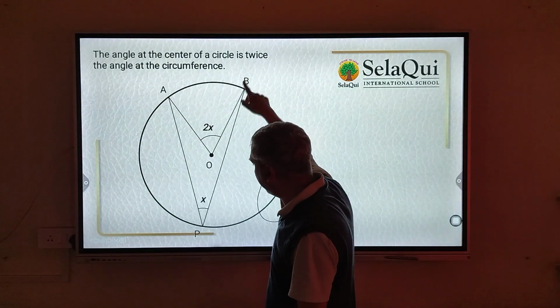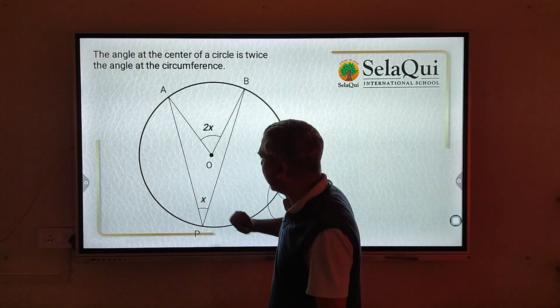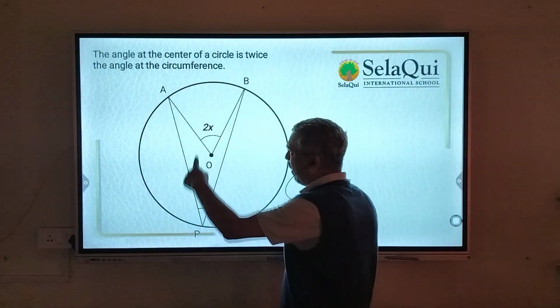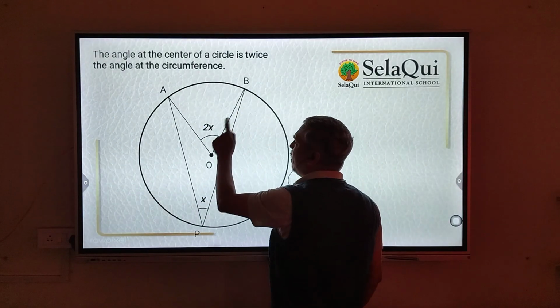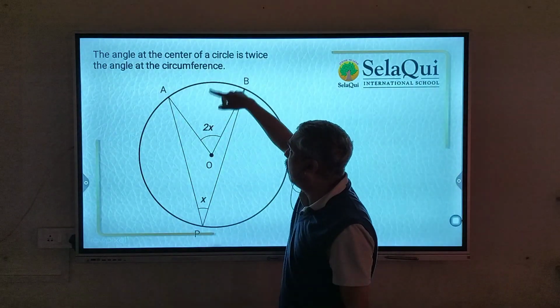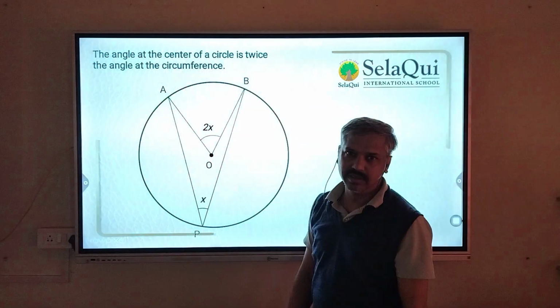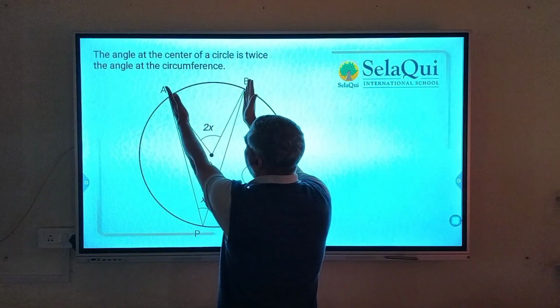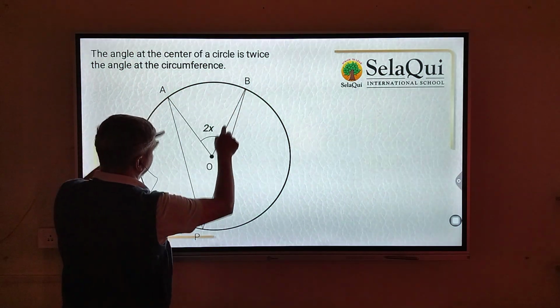Angle at the circumference is APB and angle APB is x. If angle APB is x, then angle AOB will be equal to 2x. Why? Because the angle at the center of a circle is twice the angle at the circumference, provided both the angles are subtending the same segment, same arc AB.